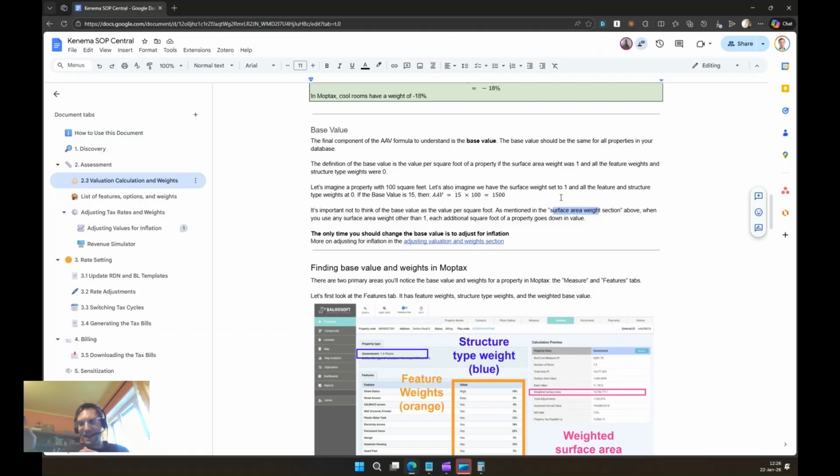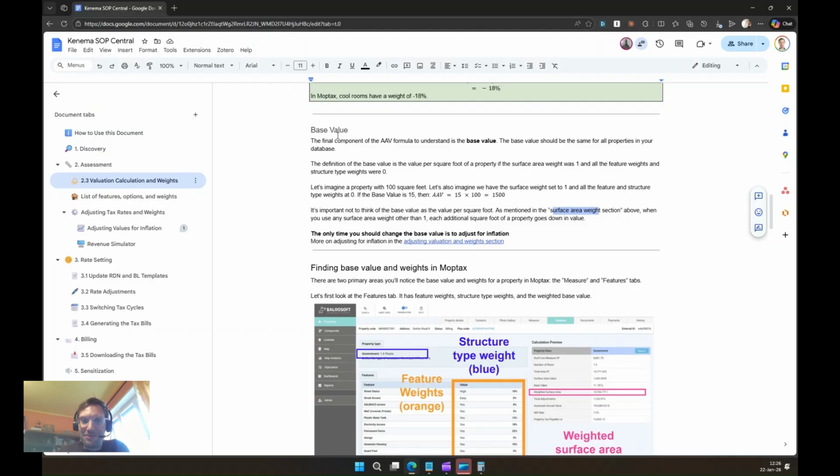When you go from a property of 100 square feet to 101 square feet, that extra square foot is a little bit less valuable. And if you change the property area to 102, that additional square foot is a little bit less valuable than the one before it.